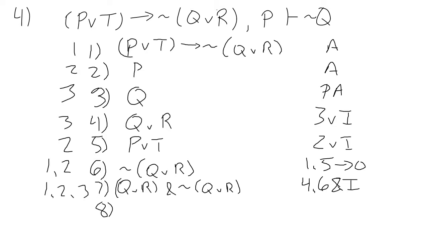And then we can take our PA, we can tilde in on it. So it's going to be our PA is in 3, our contradiction is in 7. And so we'll just tilde in. And so that includes 1, 2, and 3. But the 3 drops out. And so we just have 1 and 2 left in our premise lines on the left-hand side.